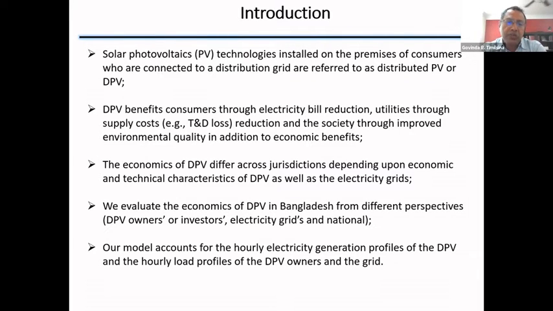So in this study, we evaluate the economics of DPV in Bangladesh from different perspectives: the perspective of owners or investors in DPV, the perspective of the electricity grid, and the national perspective, the perspective of the country as a whole. Our model accounts for the hourly electricity generation profile of the DPV, as well as the hourly load profiles of the DPV owners and the grid.